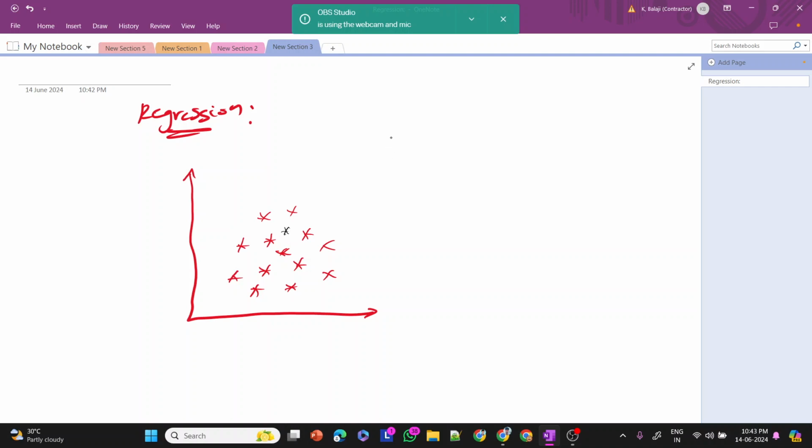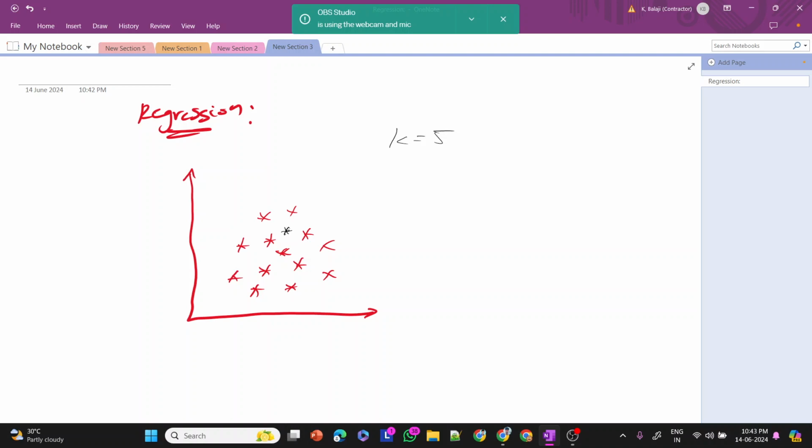Let's consider, first we want to define the k value. Here we can define it as 5, and we need to find the output for this point. As we already saw in the classification problem, it will first find the nearest k points.